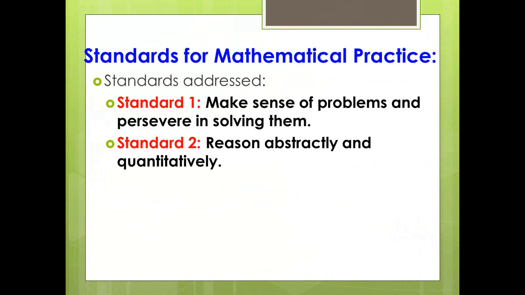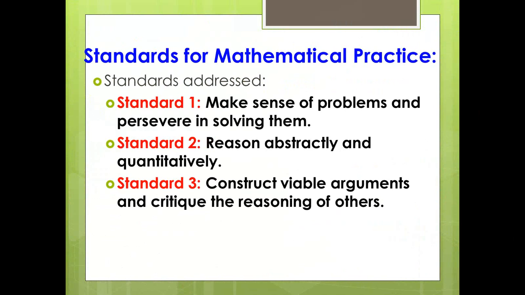Standard number 2 is reason abstractly and quantitatively. Standard 3 is construct viable arguments and critique the reasoning of others. In the assessment item, we'll be more concentrated on construct viable arguments. But since these are sample items that you could use in your class, it would be appropriate if you would allow the students to critique the reasoning of others.